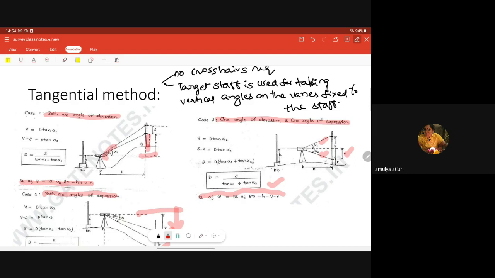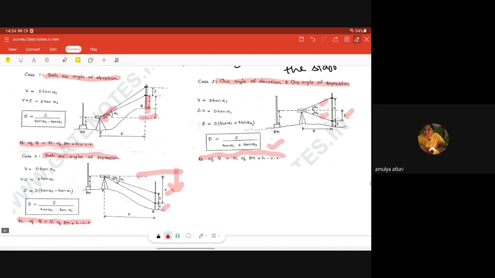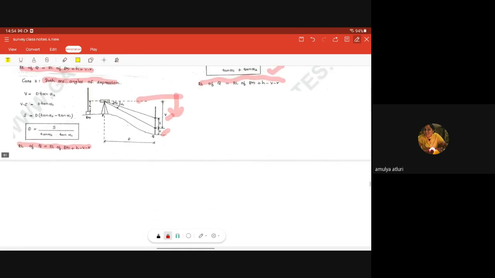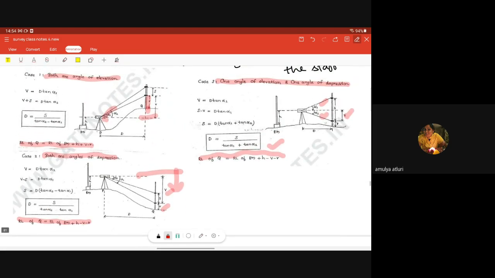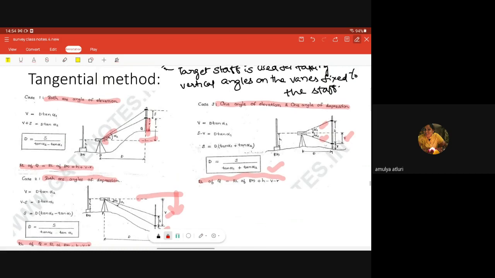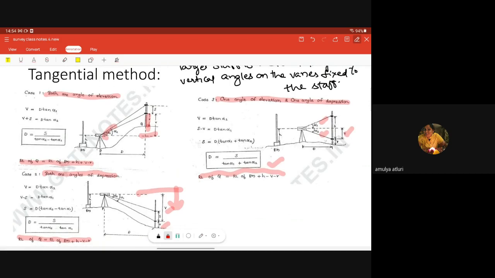RL of BM plus H minus V minus R. So these are the formulas for tangential methods.